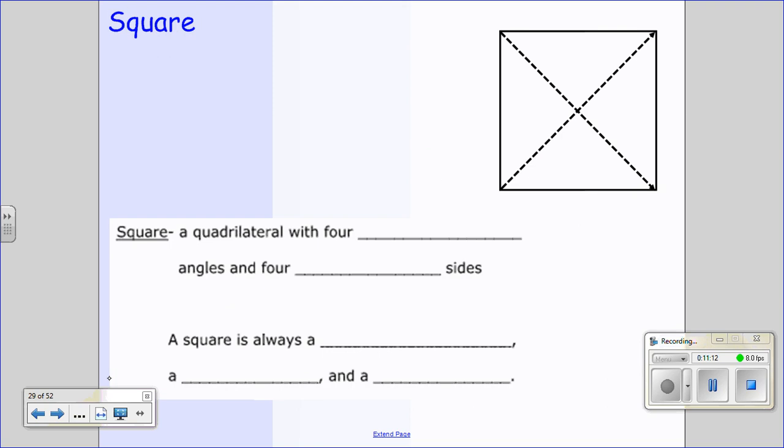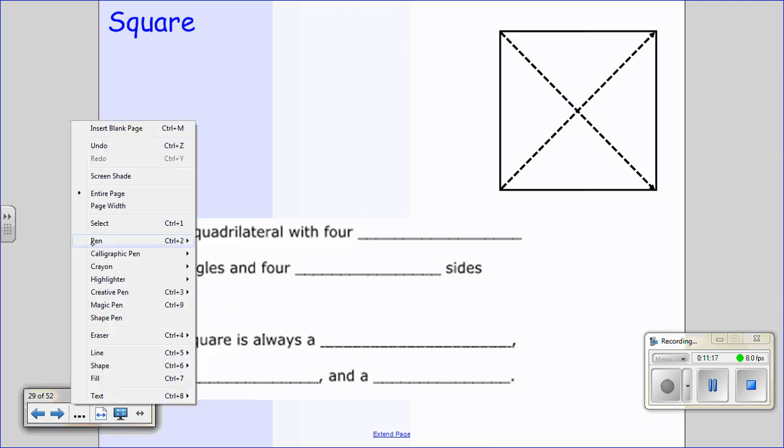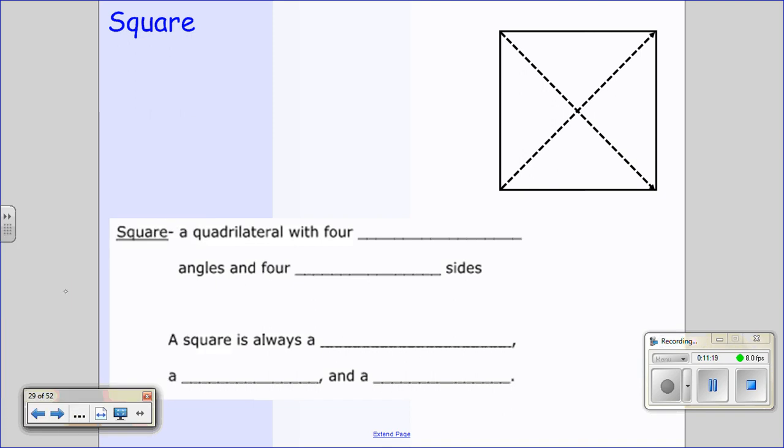Now, let's talk about the square. So draw yourself a square. A square is a quadrilateral with four right angles and four congruent sides.